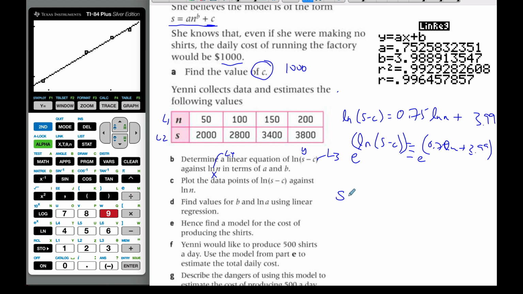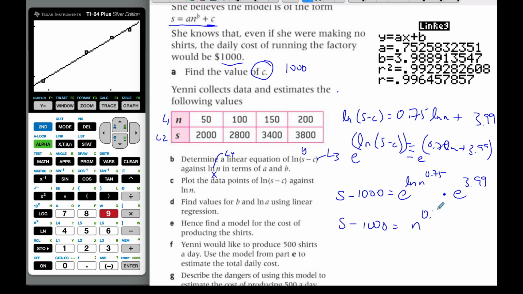Then I have S minus C, which is S minus 1,000, equal to N to the 0.75 times e to the 3.99, since the e and the ln cancel out.